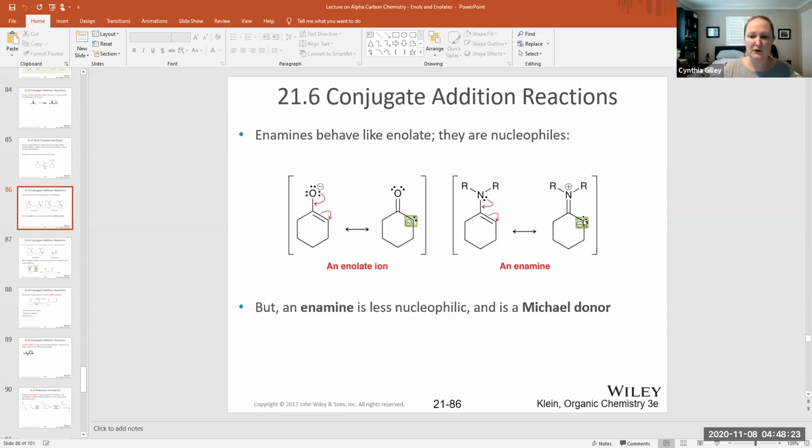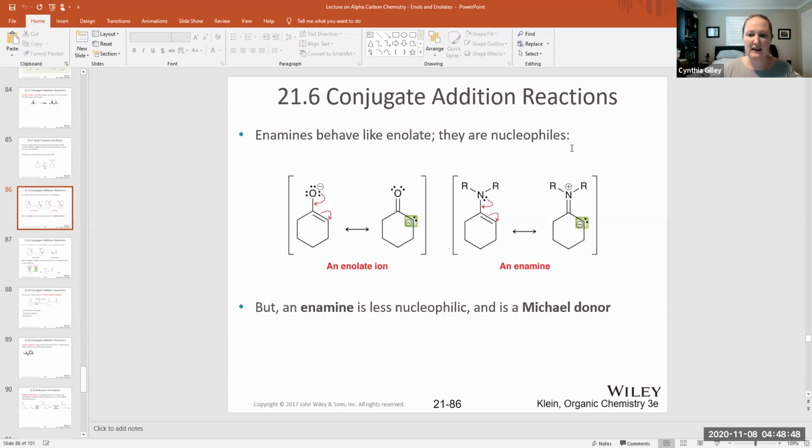While we do have a partial negative charge on this carbon, there isn't a full negative charge overall. This is neutral overall and much more stable. As a result, it's a weaker nucleophile than an enolate. Its nucleophilicity is more on par with an enol than an enolate.